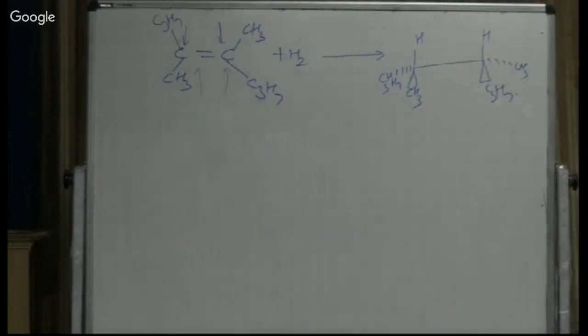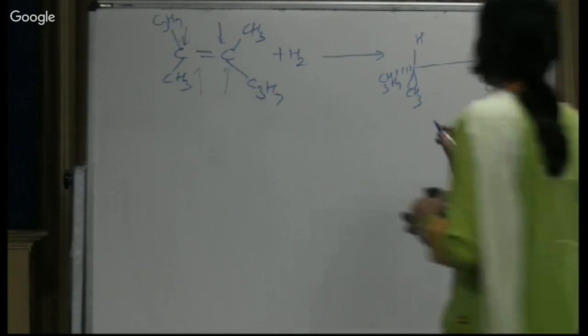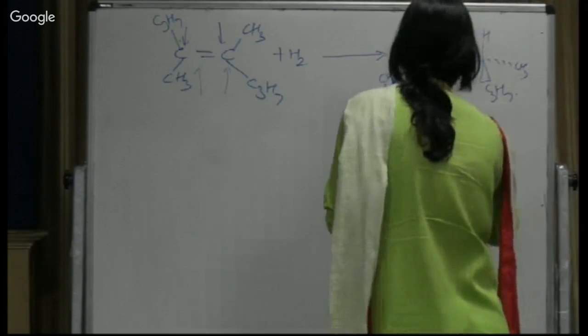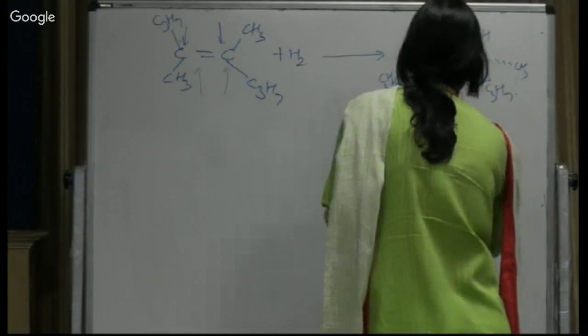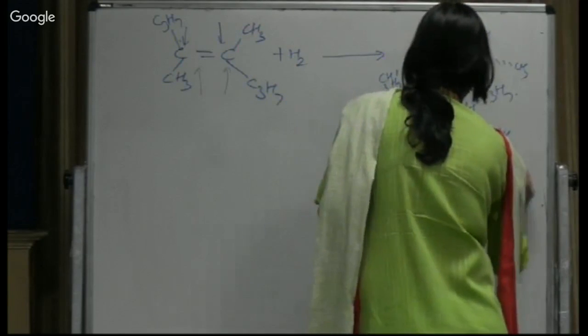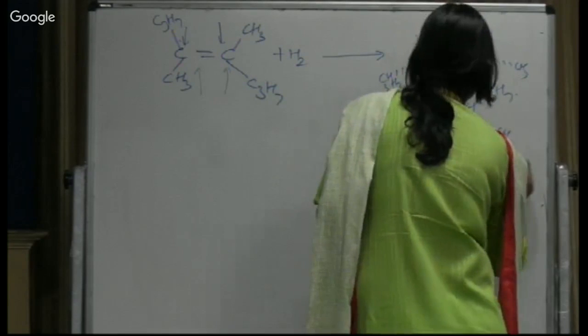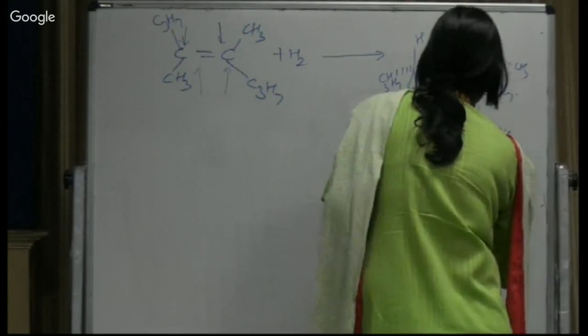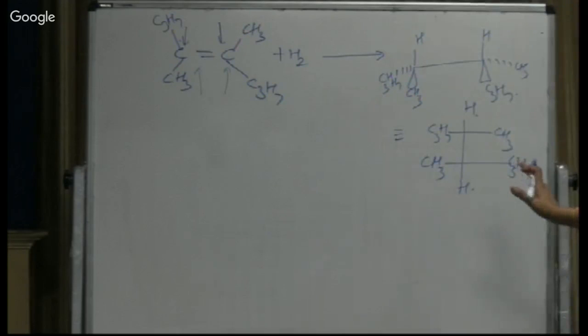This is what you will get. Right? And if you write the Fischer projection formula of this, what will it be? This will be one of the products when the hydrogen is coming from the top.